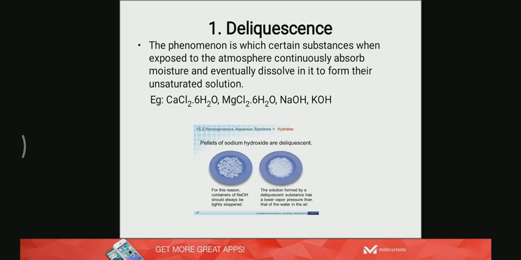Which are the cases of such systems where solid and gas exist in equilibrium?